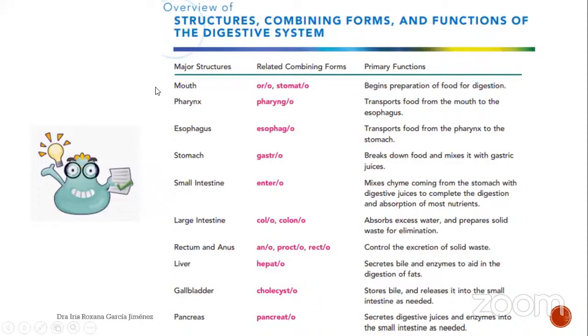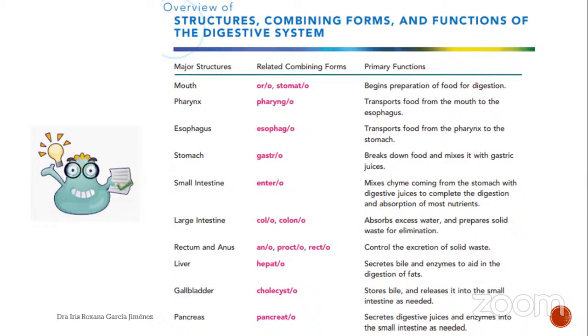Let's read it fast. Mouth, oro or stomato; pharynx, pharyngo; esophagus, esophago; stomach, gastro; small intestine, entero; large intestine, colono; rectum and anus, ano, procto, recto; liver, hepato; gallbladder, cholecysto; pancreas, pancreato.